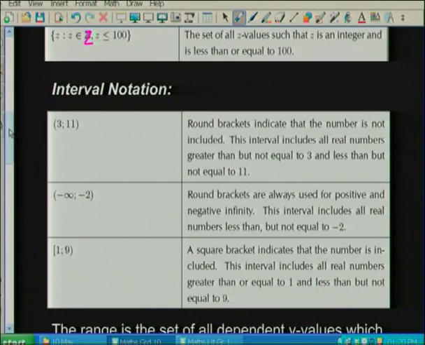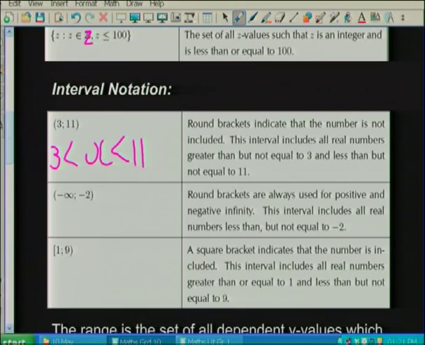A little bit of interval notation. What does it mean if I say 3 with a round bracket, semicolon, and then 11? That means that I am not including the 3. So remember, if I had to put this into set notation, this would be, well, we're assuming it's X, greater than 3, less than 11.